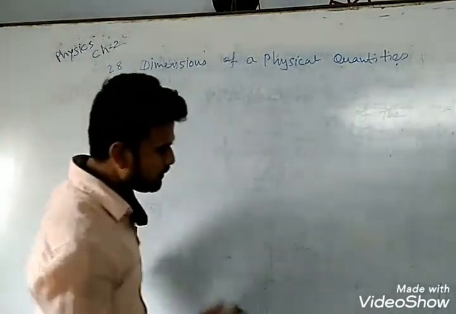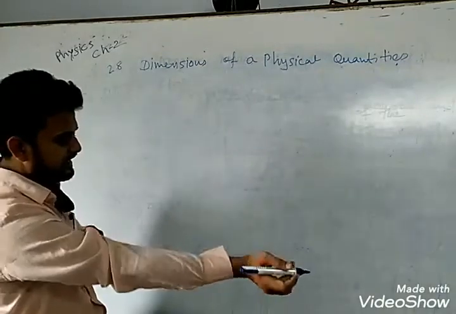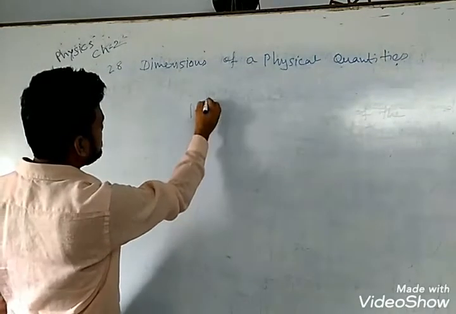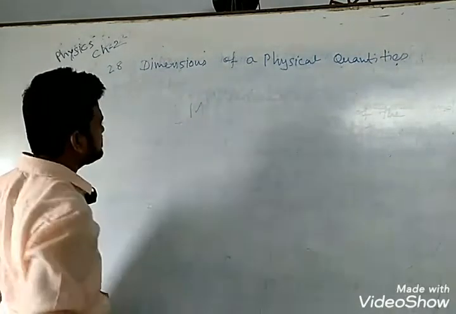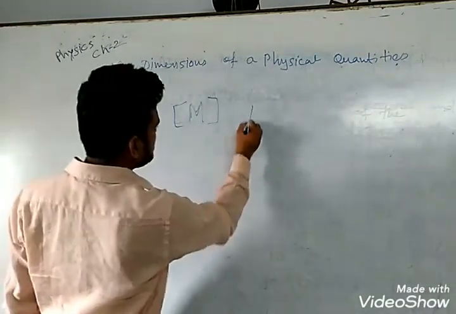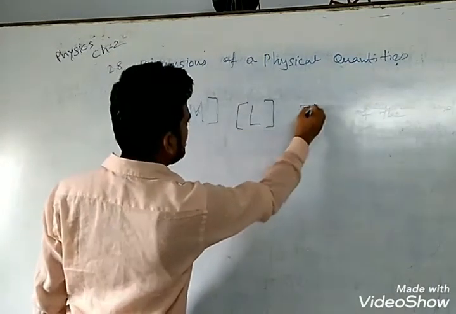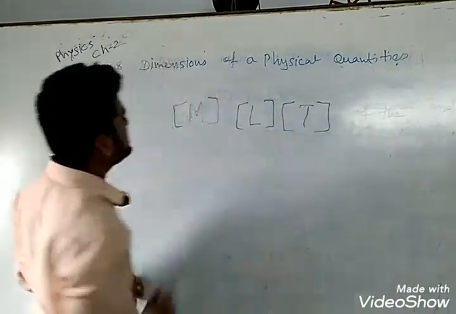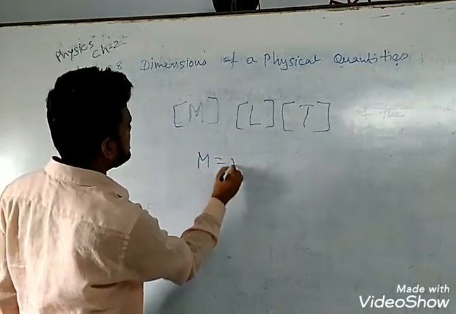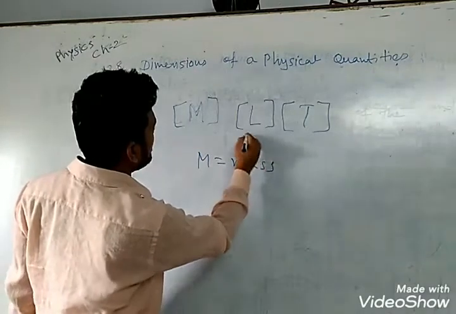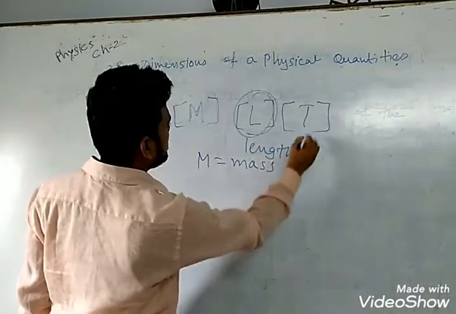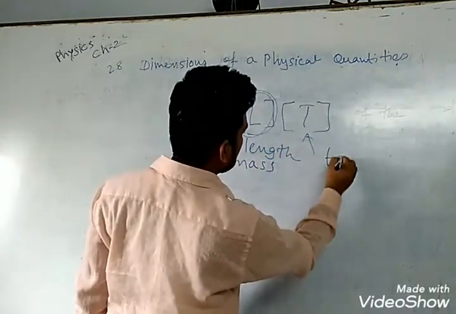In this case, all physical quantities can be written in terms of M, L and T. First, M means mass. Second is length, and T means time.